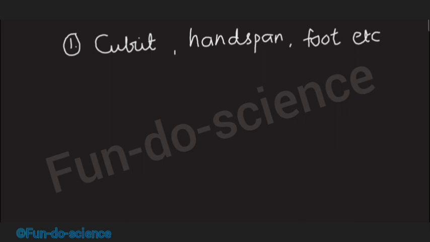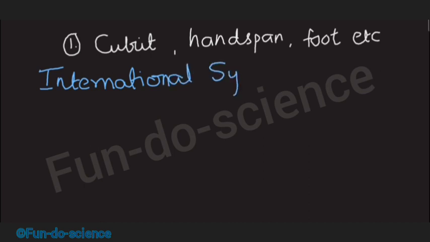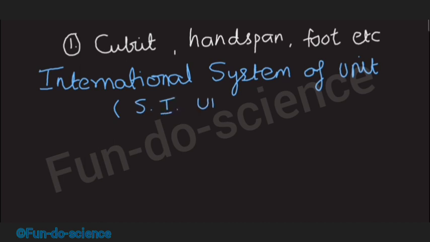So there was an organization which was set up to standardize the measurement unit. This organization is the international system of unit, which we also called as SI unit system.